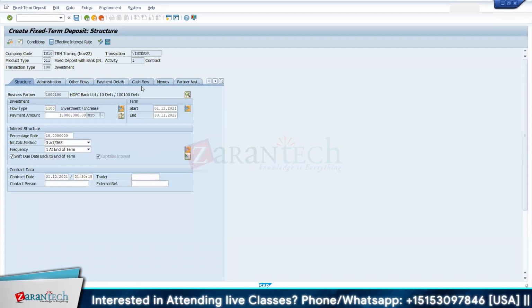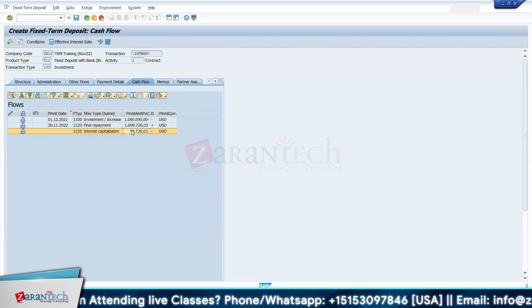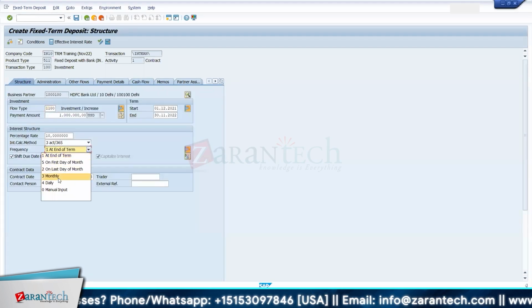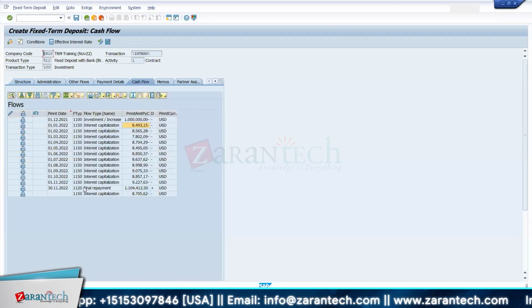then the cash flow will show you the investment, this is my interest, and this is the final repayment. Suppose you say here it is monthly, and every month I'm going to get this interest, then you will get the 12 line items.